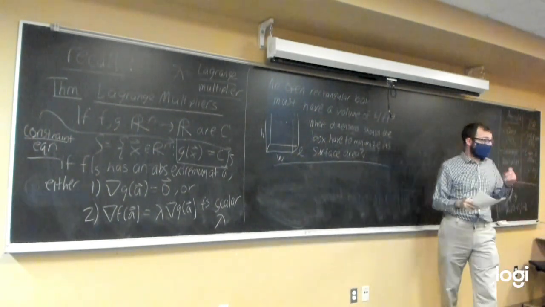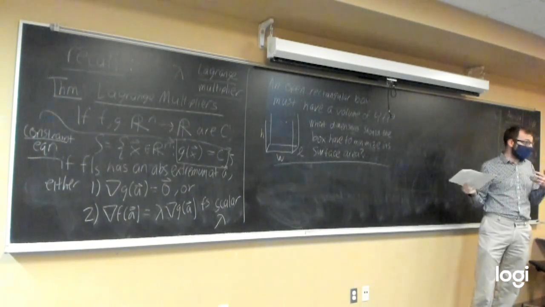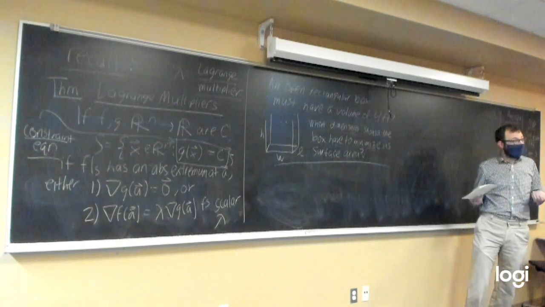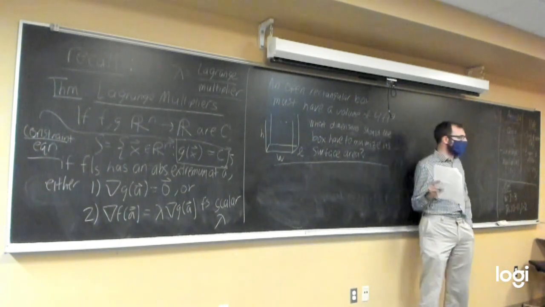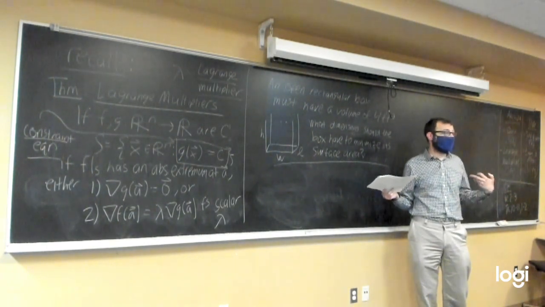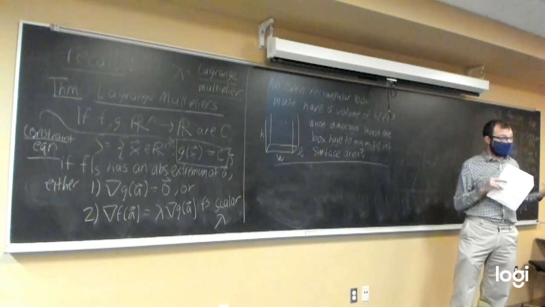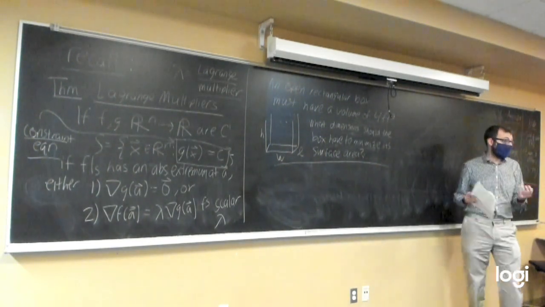So if you were a construction company, like maybe you worked at UPS or something, this might be the sort of thing you might be interested in. How can I construct a box such that it holds 4 cubic feet of material inside of it, but I want to minimize the surface area of that box in order to minimize, say, the cost or the amount of material that's needed to make that box.